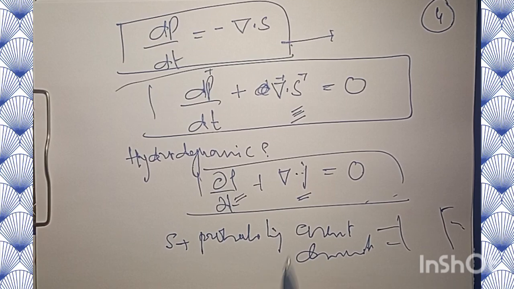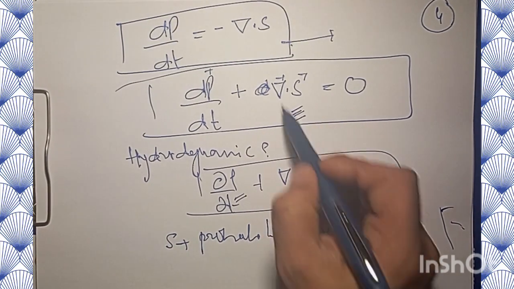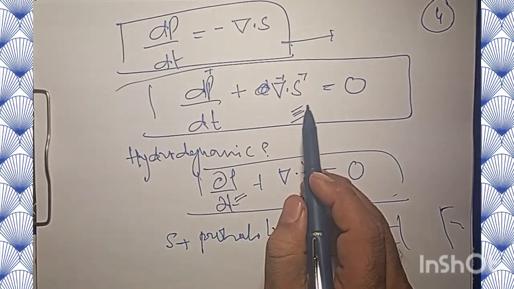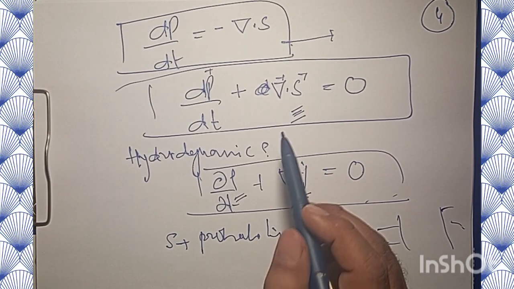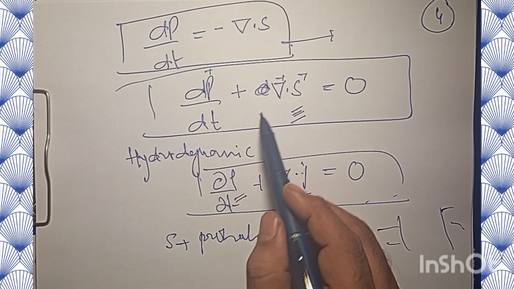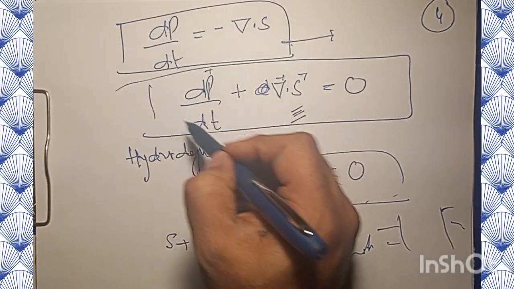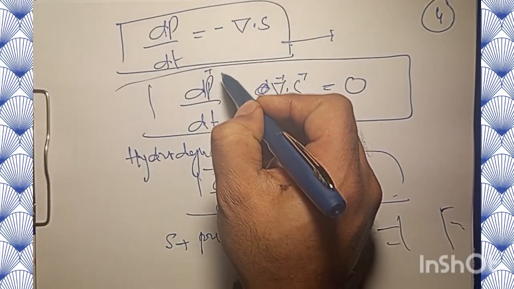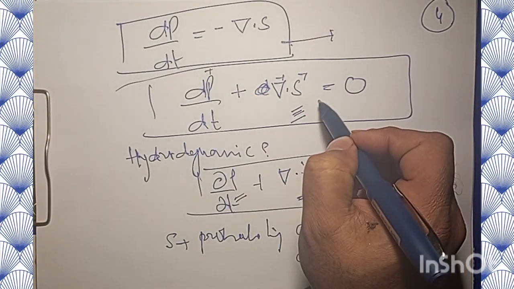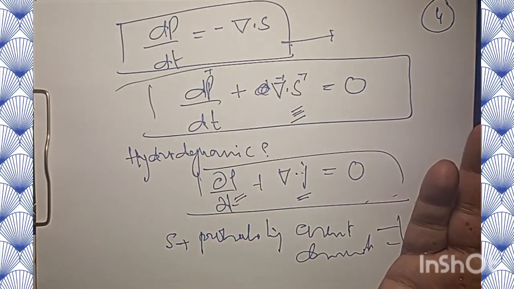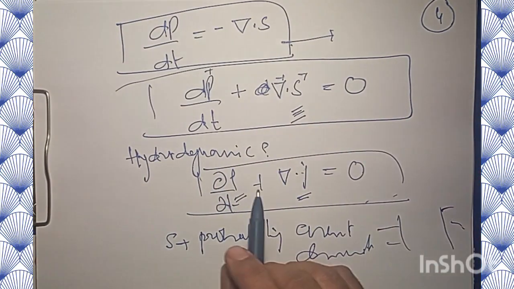So when I choose this as the probability current density, from this equation we may interpret the changes in the probability as being due to the flow of the probability current, whatever the case may be.